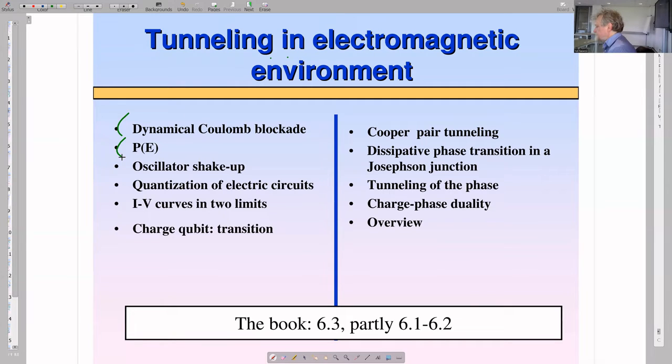What we especially look at is to understand the suppression beyond perturbation limit. It appears that everything depends on the effective impedance of the resulting environment of the electric circuit where this junction is incorporated.